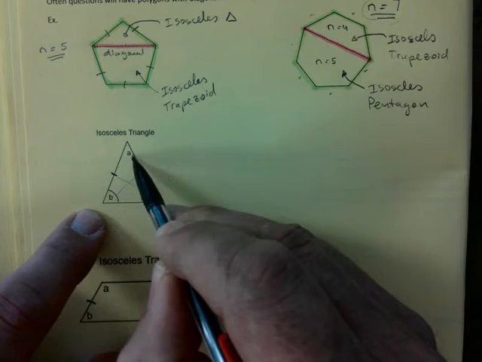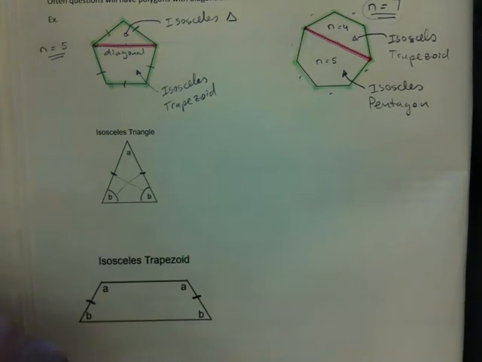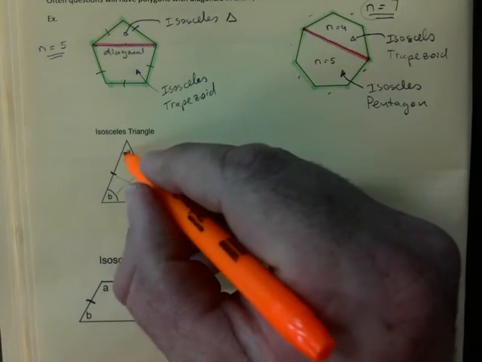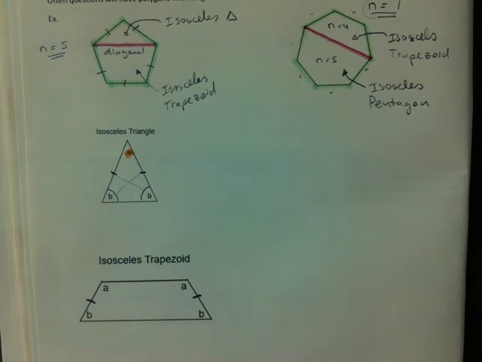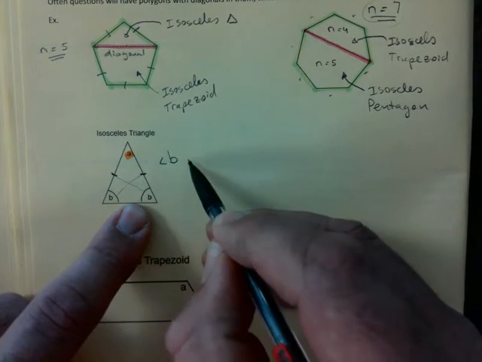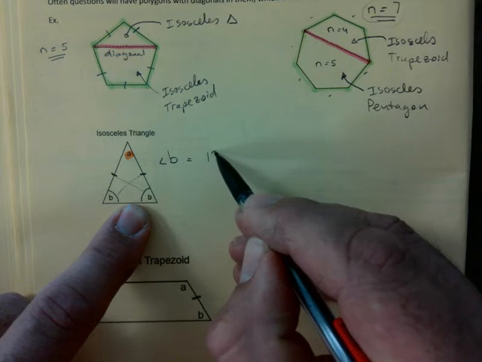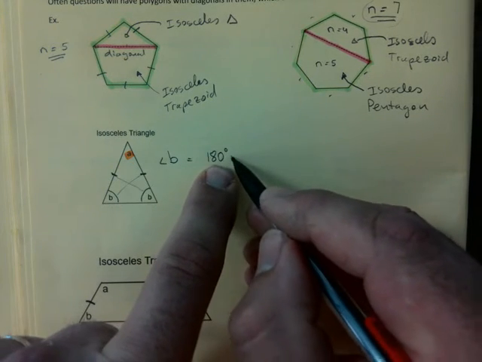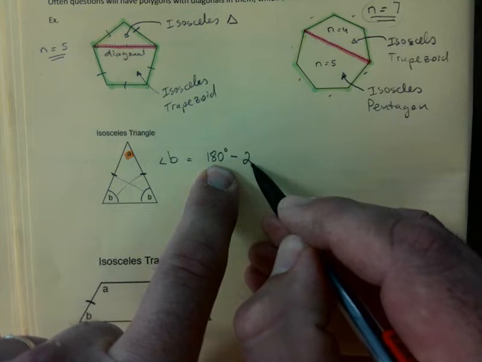So this is going to be the different angle up here. And so I want you to highlight that A with something. I don't know what works for you. But I will tell you that, and you'd have to agree with me, you don't have a choice. To find B, we would just go 180 minus 2 times.